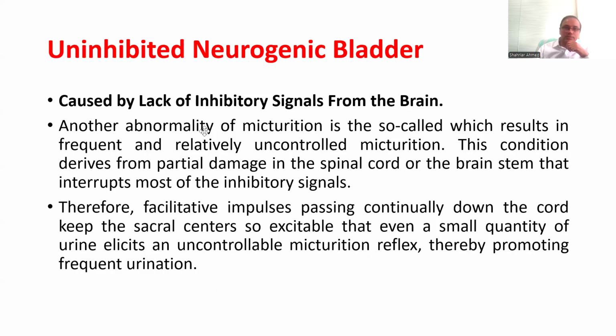Uninhibited neurogenic bladder is caused by lack of inhibitory signals from the brain. Another abnormality of micturition is the so-called uninhibited neurogenic bladder, which results in frequent and relatively uncontrolled micturition. This condition derives from partial damage of the spinal cord or brainstem that interrupts most of the inhibitory signals.